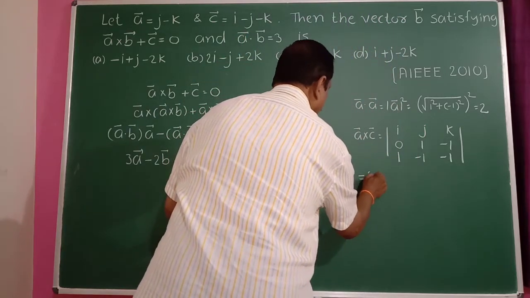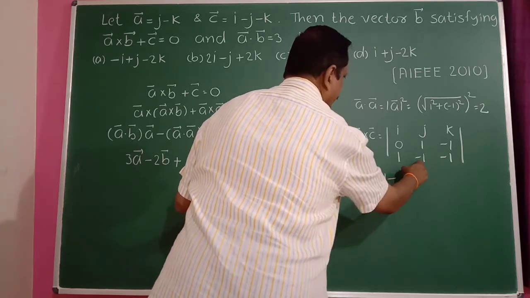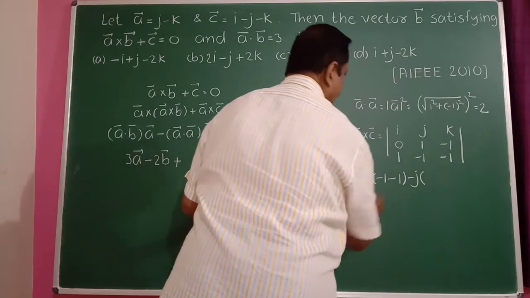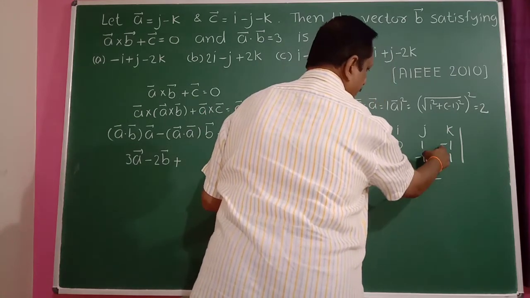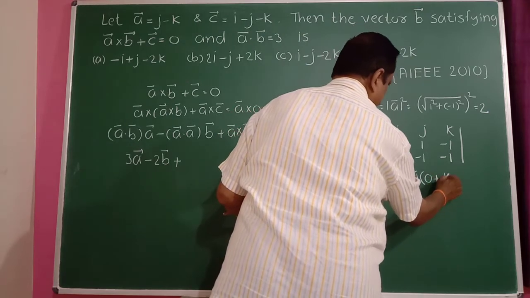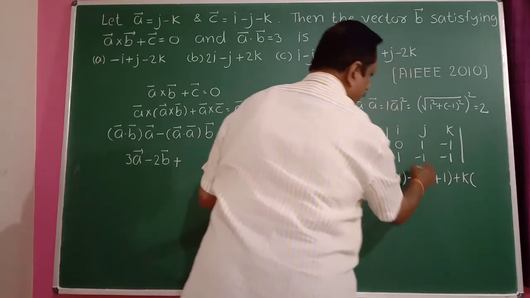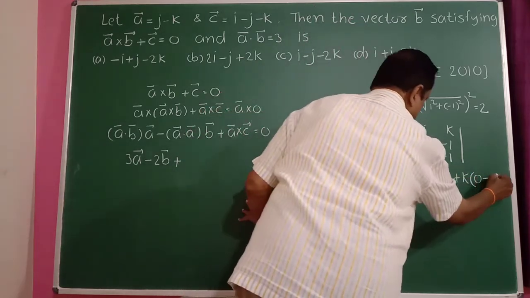Therefore I into 1 into minus 1 is a minus 1 minus of minus 1 into minus 1 is a plus 1, minus of J, 0 into minus 1 is a 0 minus 1 into minus 1 is a minus 1, minus minus plus 1 here, plus K into 0 into minus 1 is a 0 minus 1 into 1 becomes 1 here.